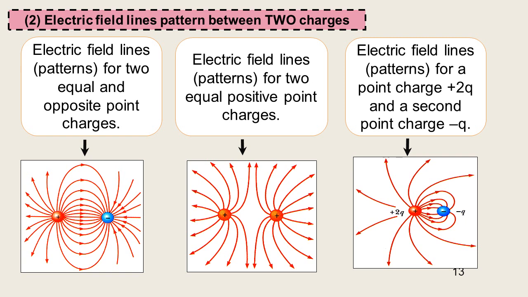Positive is outwards, so also positive is outwards, but they repel each other. Number three, electric field line pattern for a point charge of positive 2q and a second point charge negative q. As you can see, positive is outward, negative is inwards.